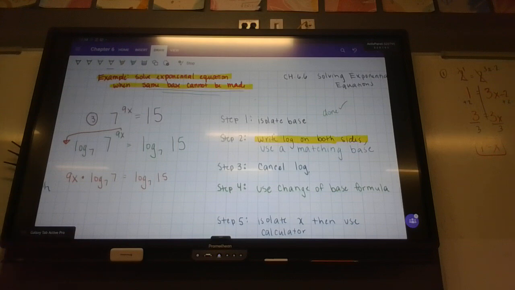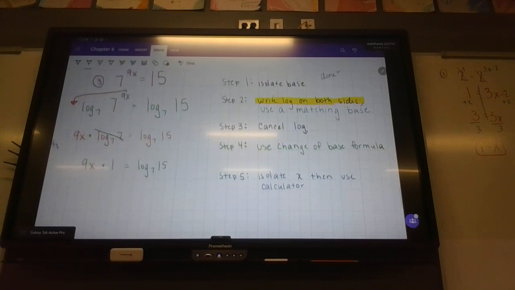So since we did the log on both sides, this now is canceling to be 1. So we got 9x times 1 equals log base 7 of 15. And then 9x times 1 is just 9x.